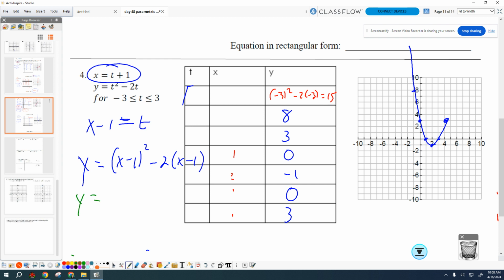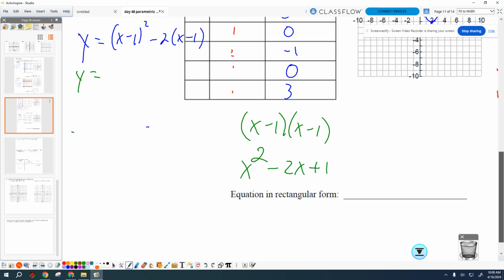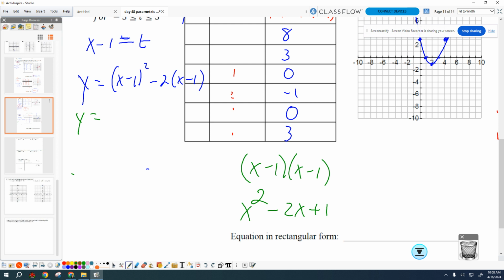Okay, Emilio, x minus 1 times x minus 1, what does that expand to? X squared minus 2x plus 1.